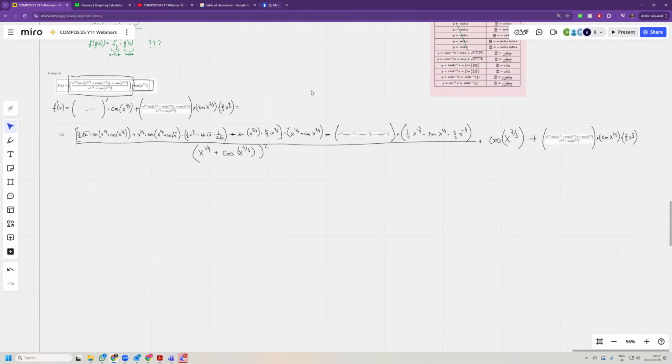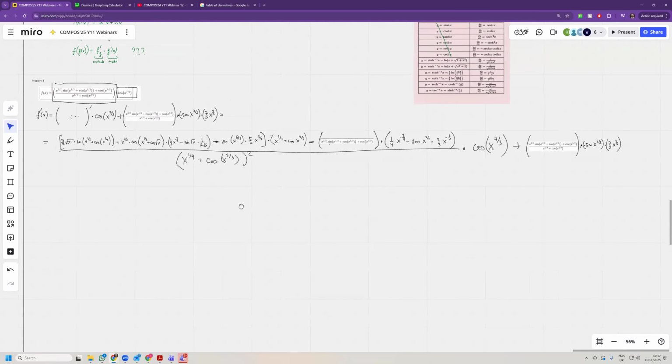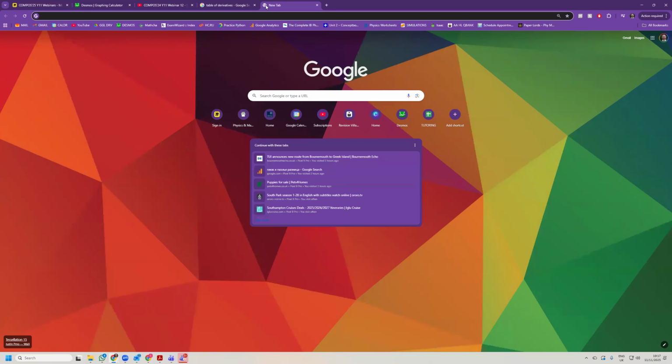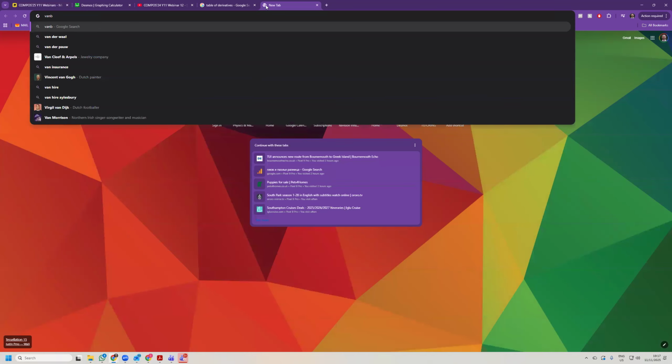This is almost exactly the same problem that was given to me on my first test at university. I'll actually try to find it. Sorry, it's going to be a little bit of a search.